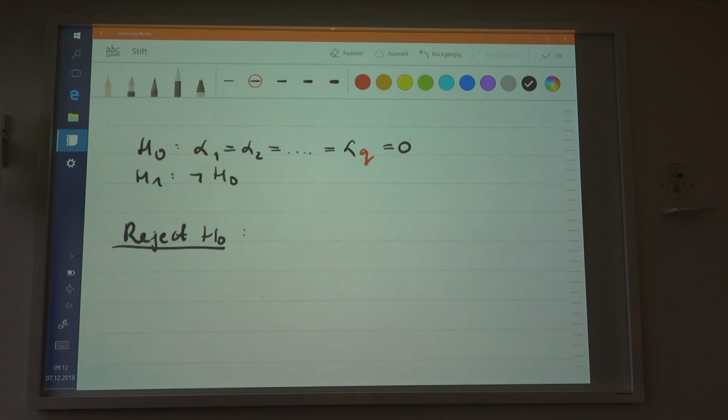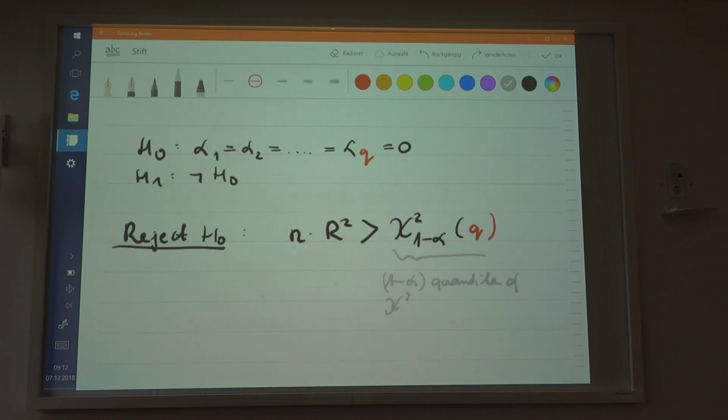You would reject the null hypothesis if the test statistic, which is equal to n times the coefficient of determination, is greater than the 1 minus alpha quantile of the chi-square distribution with q degrees of freedom.